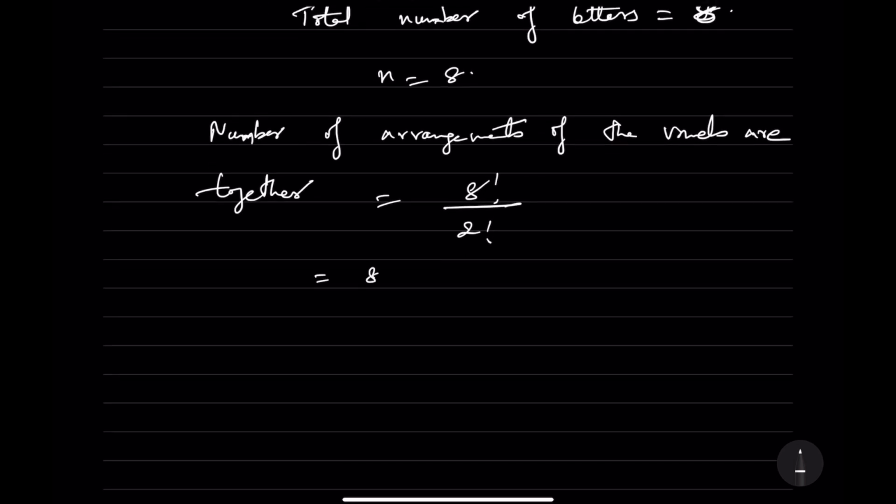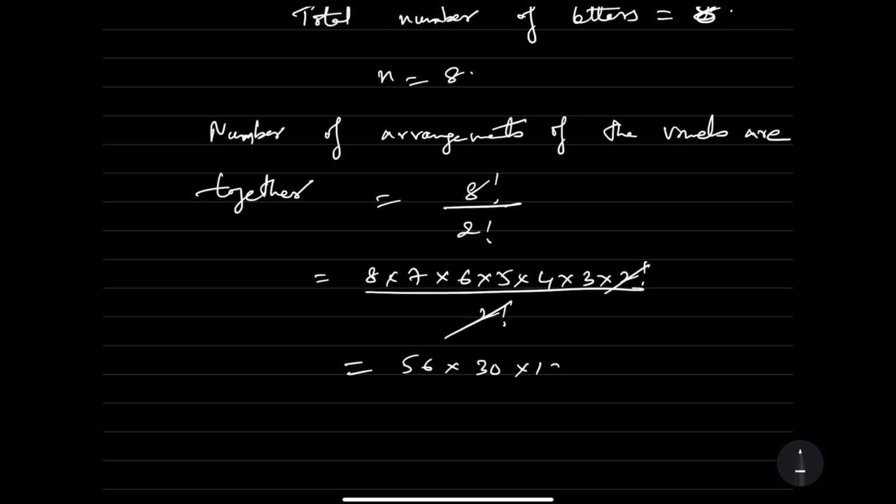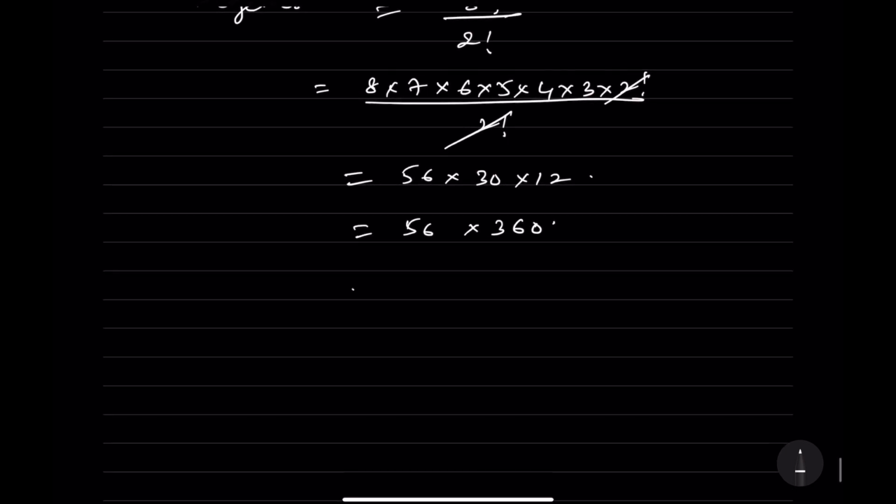This can be written as 8 into 7 into 6 into 5 into 4 into 3 into 2 factorial divided by 2 factorial. So this is equal to 56 into 30 into 12. This is the answer.